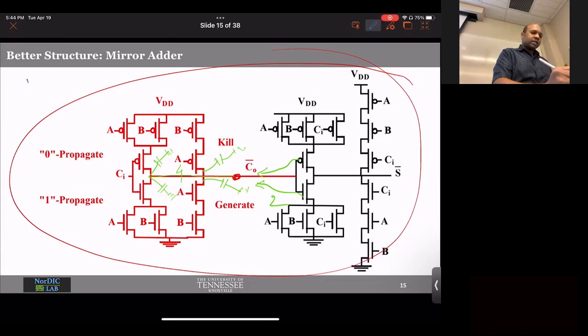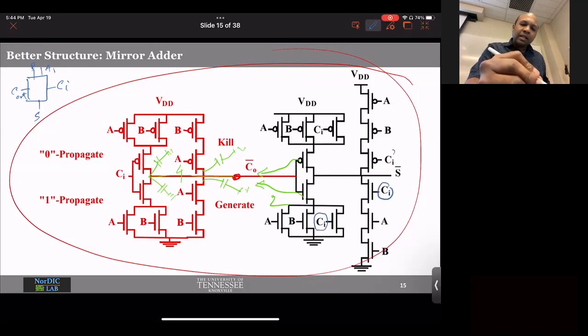Let me just draw this. C in, sum, AB. This is going to be carry out. Just think of this. Can anybody tell me where this CI signal will be coming from? Let me just mark this here. This CI signal, right? Can anybody tell me where this CI signal will come from?